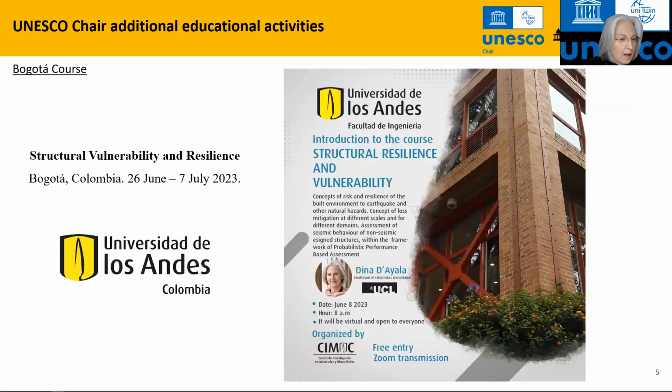This summer, we will also deliver a summer course on structural vulnerability and resilience in collaboration with the Universidad de los Andes in Bogotá, Colombia. We very much look forward to delivering this course, which runs over 2 weeks, from the end of June to the beginning of July.